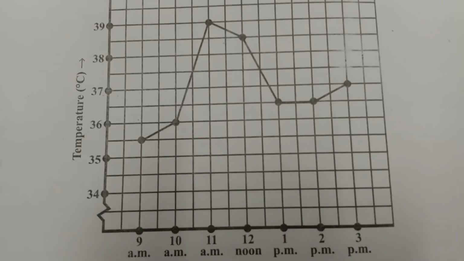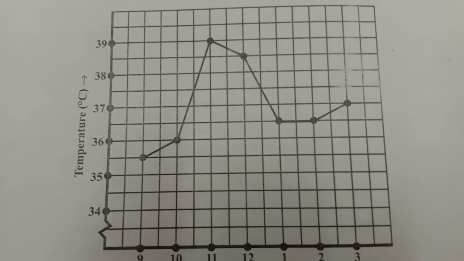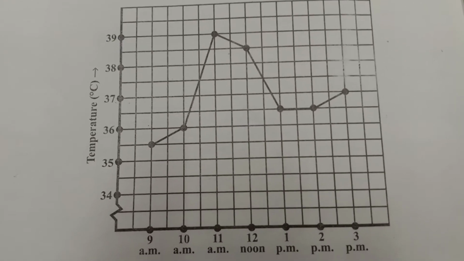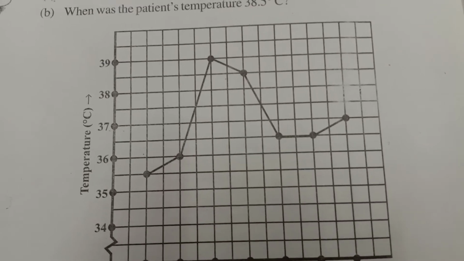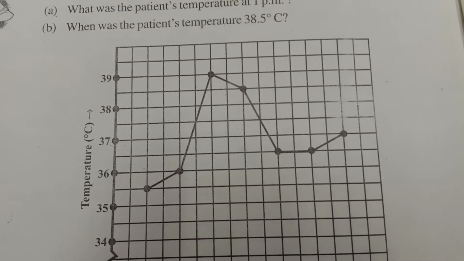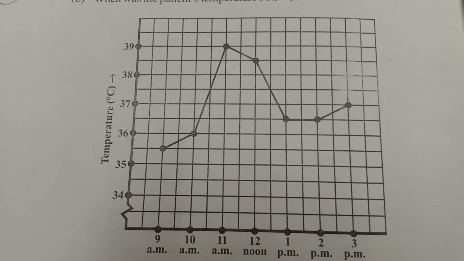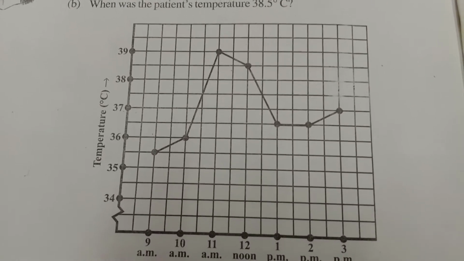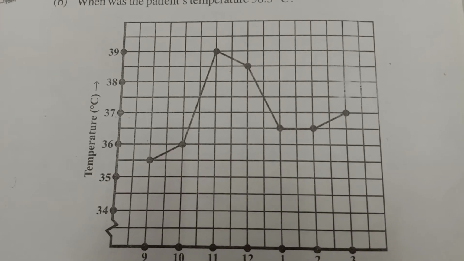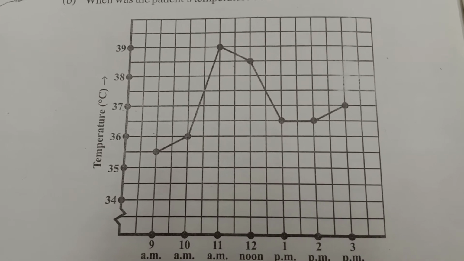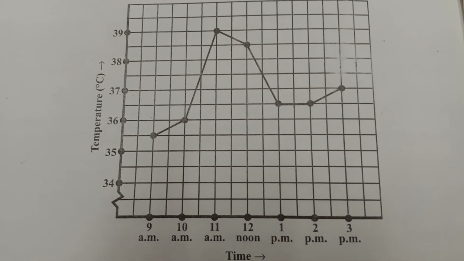Here we have a zigzag line which represents the values from 0 to 34 degrees, then 34, 35, 36, 37, 38 and 39 degrees. The scale on the x-axis is 2 centimeters for 1 hour, and on the y-axis 2 square grids give you 1 degree Celsius.